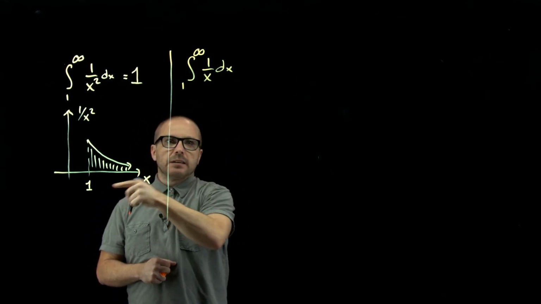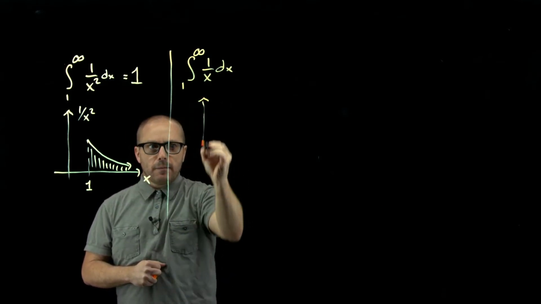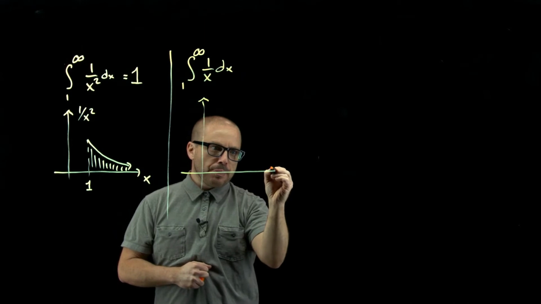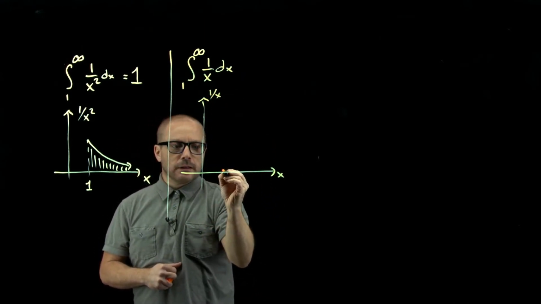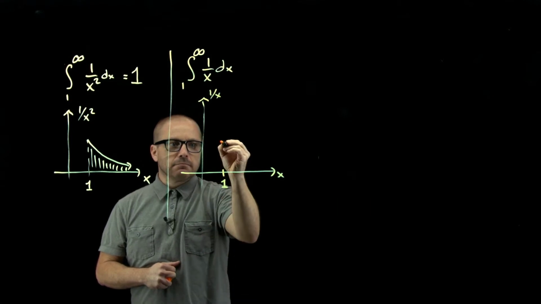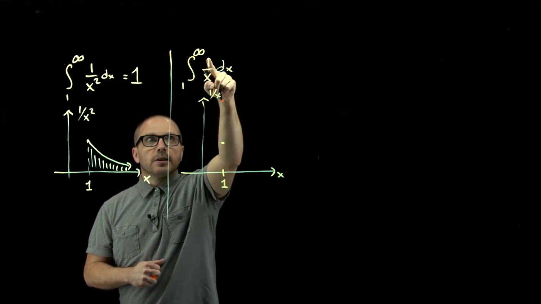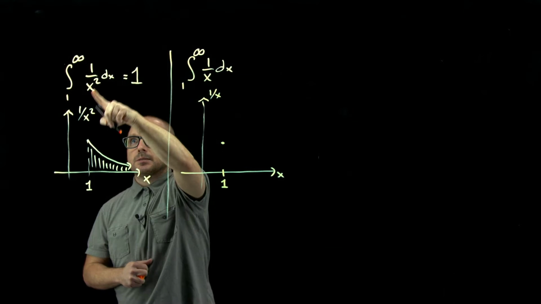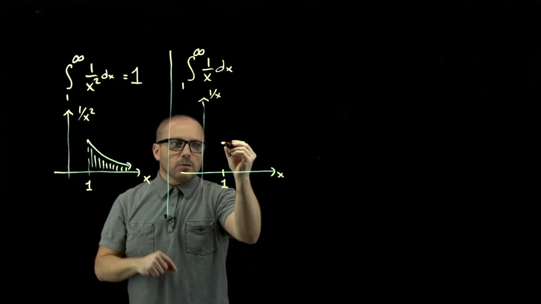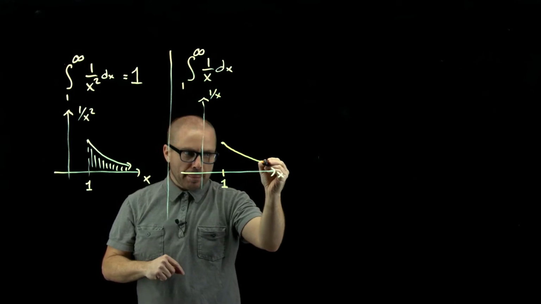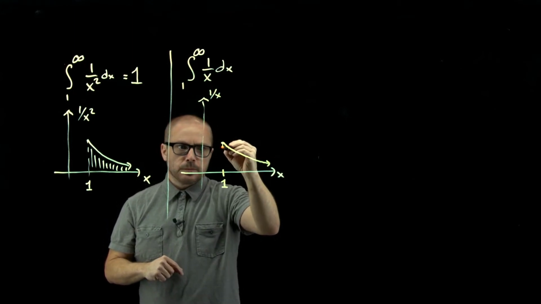All right, if we look at the graph, it doesn't really look all that much different, right? It starts at the same height, and they both start at, when x is 1, that's 1, and they both go down. It's just this one goes down a little bit slower than that one does.